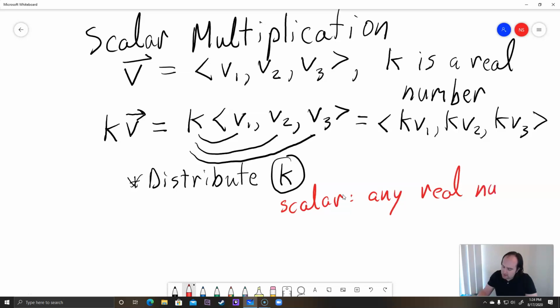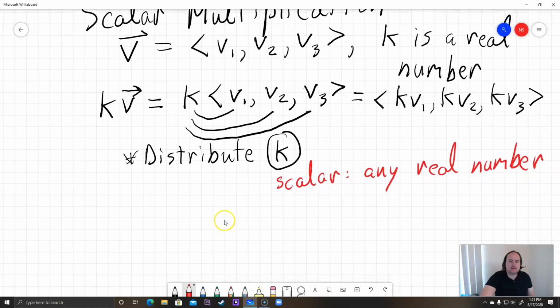In particular, we call it a scalar because it's not a vector. It doesn't have components. It's just a single number, whereas a vector has different components. It has the x-coordinate, the y-coordinate, and then the z-coordinate if it's 3D. Okay? So that's scalar multiplication. And then let's see an example of that.